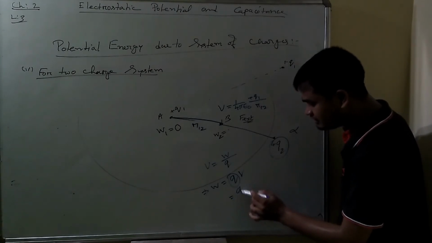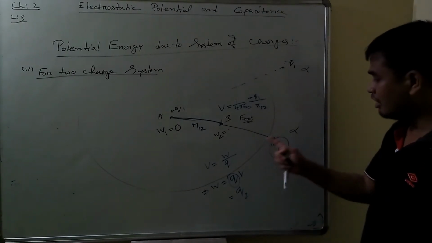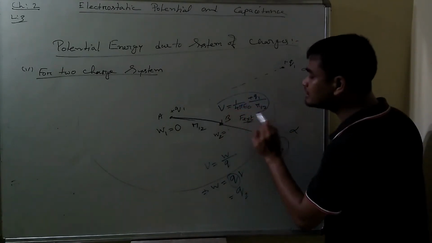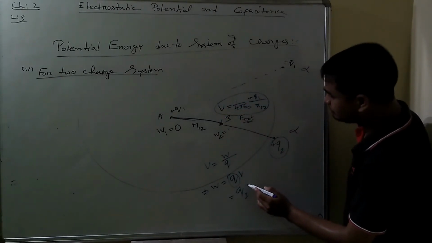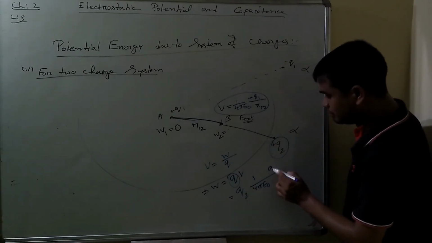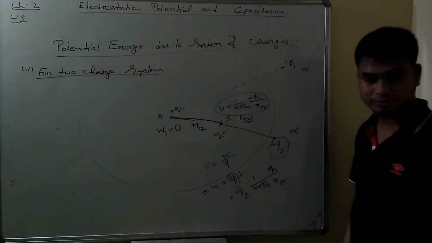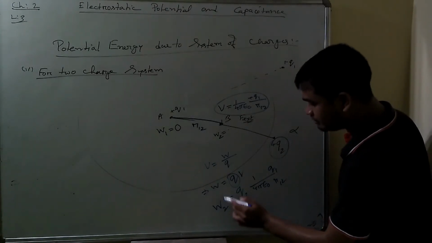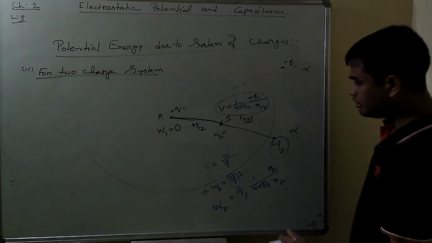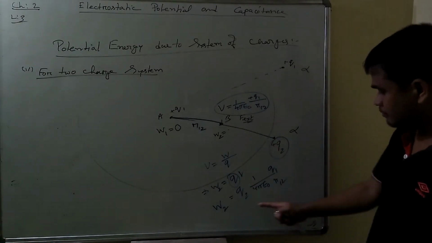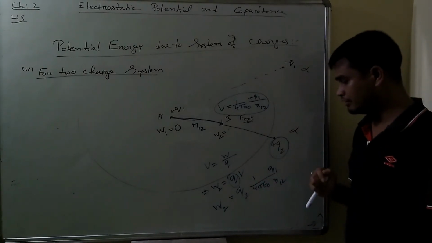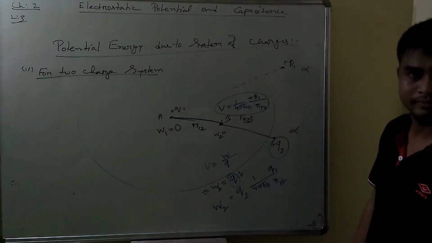That will be the charge Q2. Therefore, it will be Q2 into 1 by 4 pi epsilon naught Q1 by R12. This is the work done. Clear? So this much work is required.